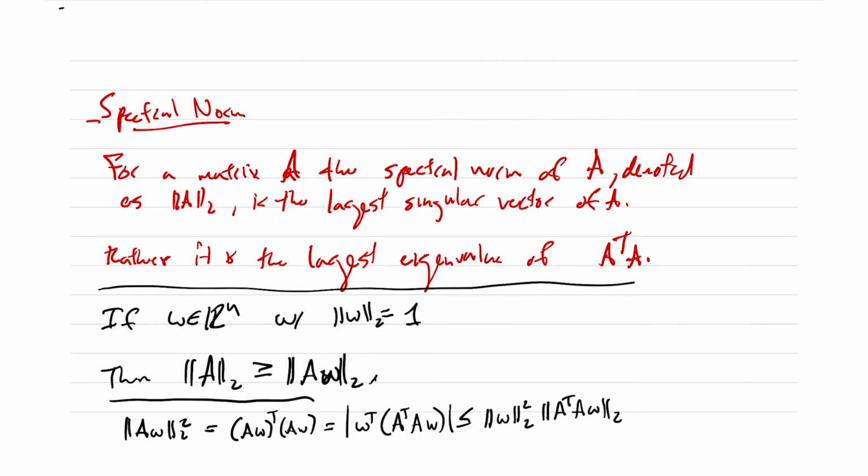Since A transpose A is diagonalizable, that basically means that I can break A transpose A into an eigendecomposition, and that means that W could be written in terms of the eigenvectors.